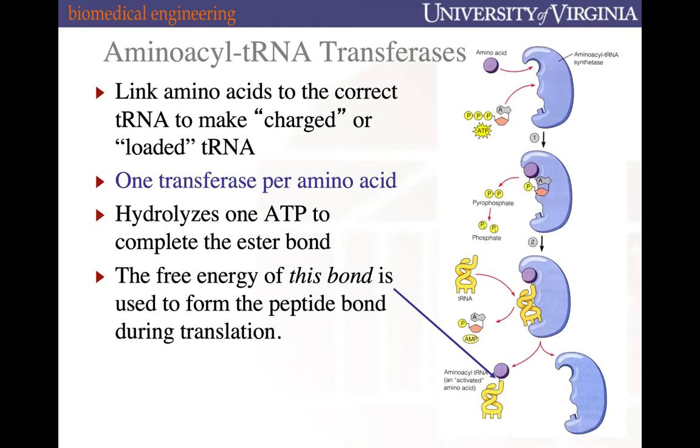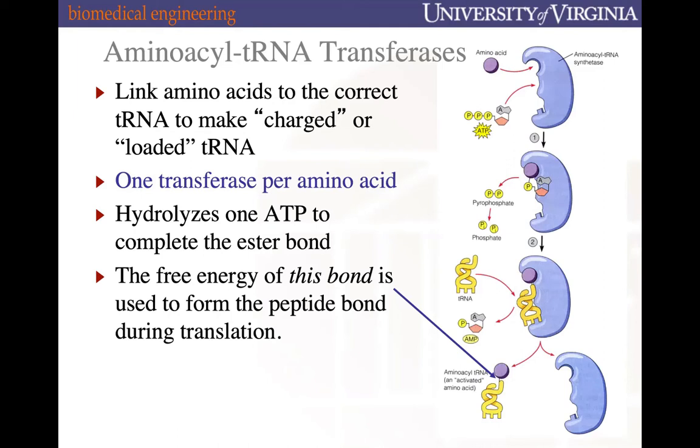As I've described before, for any enzyme, you can read right to left to get a sense of what exactly it does. So it's a transferase. It transfers or passes something over to tRNA, and it's passing over an aminoacyl or amino acid. So this is the enzyme that mediates adding an amino acid to a specific tRNA based on its codon.